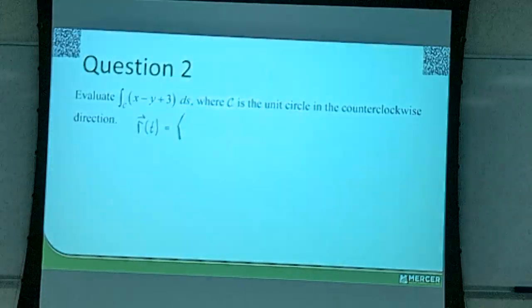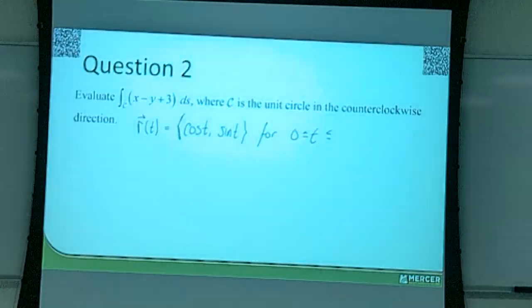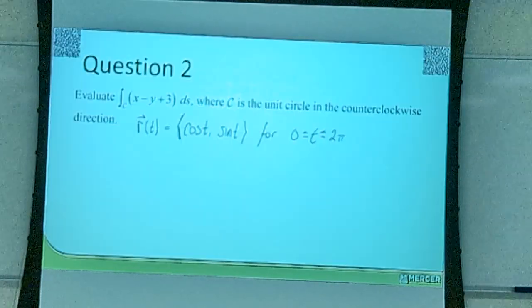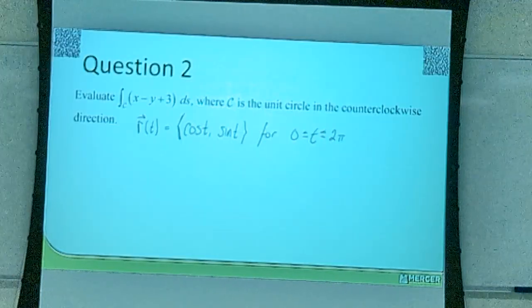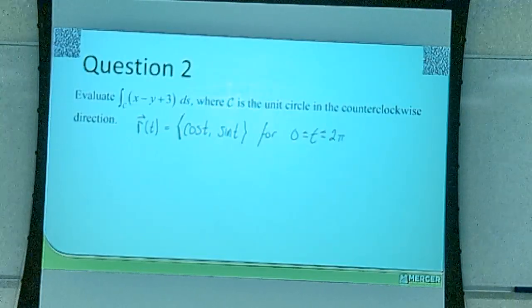Cosine t, sine t. Technically, t is from 0 to less than or equal to 2 pi. This is closed, so it's going to go back to the starting point. Return to where we started.